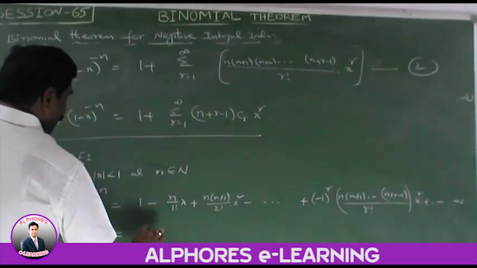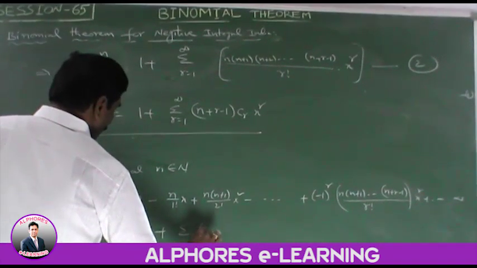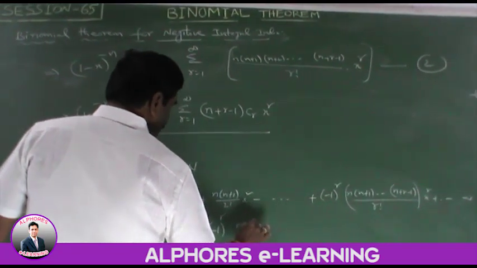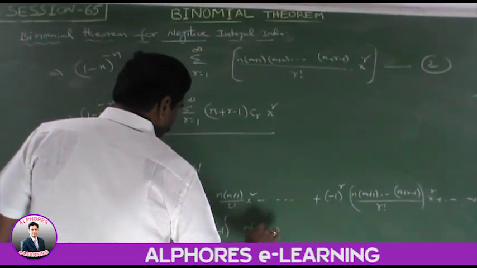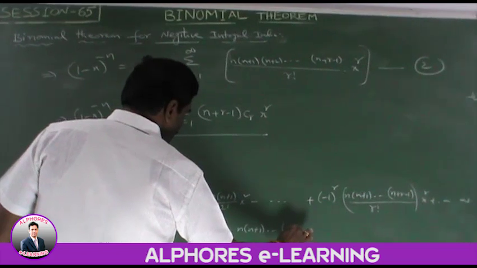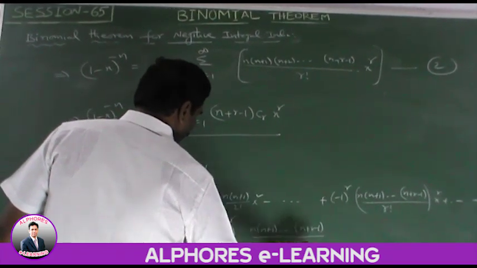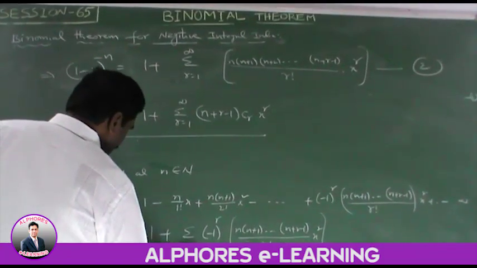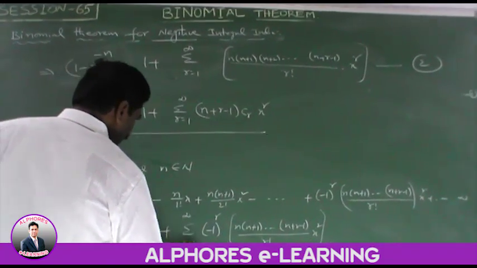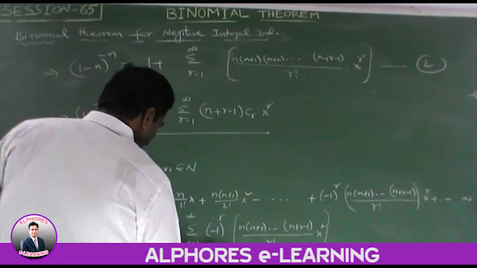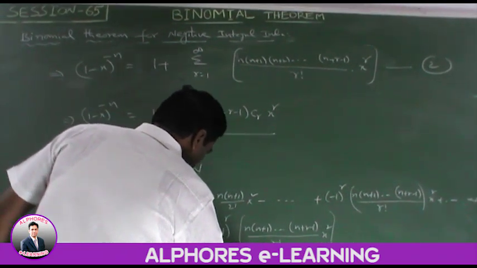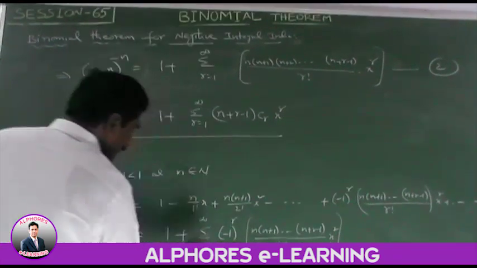That is equal to 1 plus sigma (minus 1) whole power r into n into (n plus 1) into so on (n plus r minus 1) by r factorial into x power r. That is equal to 1 plus sigma r is equal to 1 to infinity (minus 1) whole power r into n plus r minus 1 C r into x power r. It is the formula, main formula.